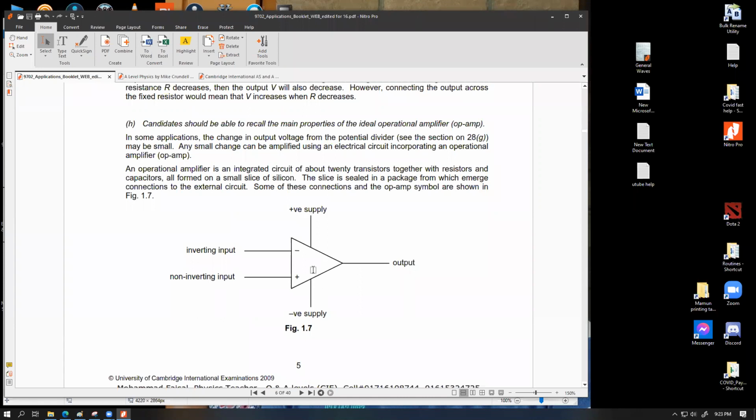The supplies are there so that this can produce a high output. So what I'm trying to tell you is that if you put a sinusoidal wave of, let's say, amplitude 0.1 volt, and you want an output of, let's say, 2 volt, so you are increasing this signal by 20 times.